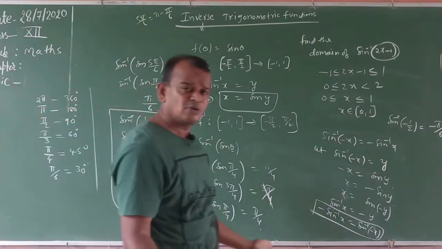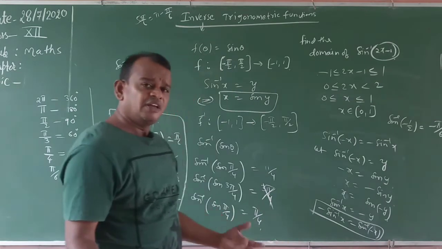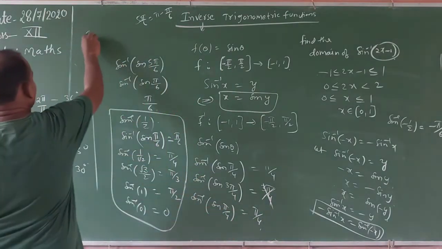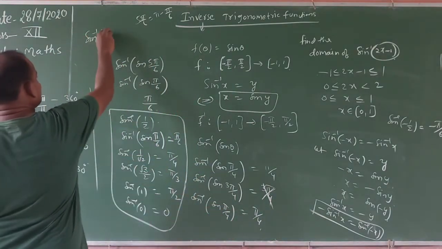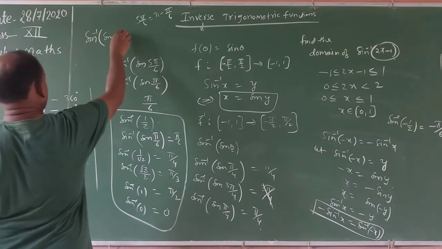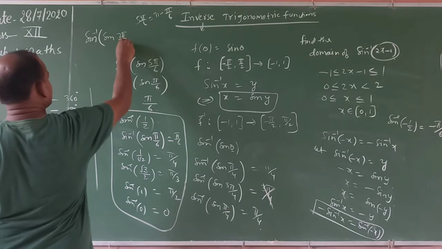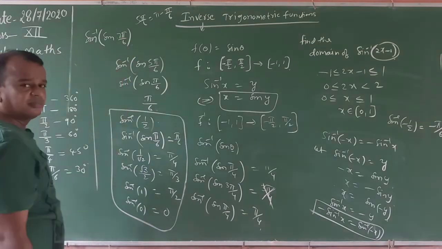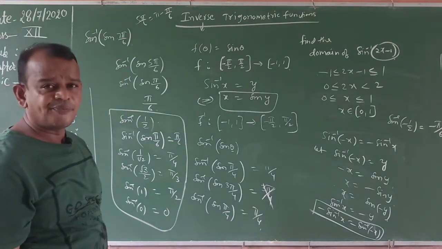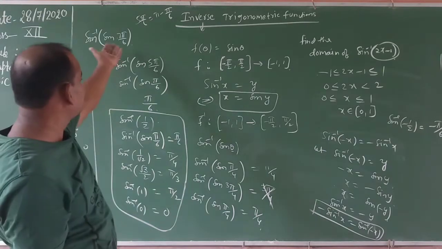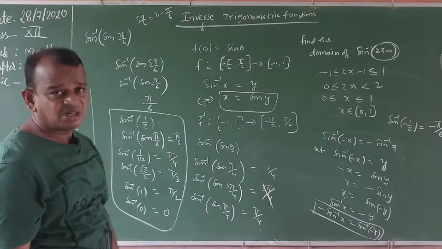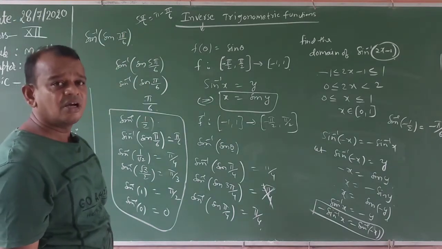Any problem that is given, no problem. From the examination point of view, suppose sin inverse of sine of 7 pi by 6. Is the answer 7 pi by 6 or not? Not 7 pi by 6. How much?